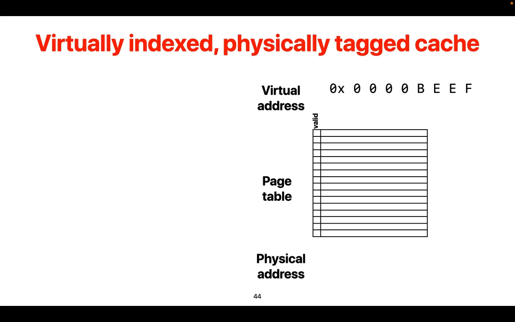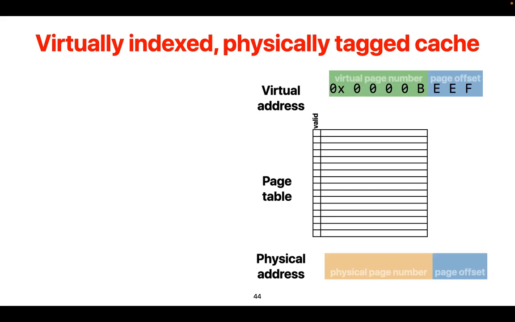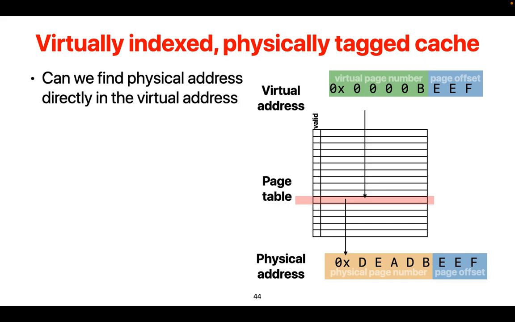Which part in your virtual address and physical address are the same? Page offset. Awesome, right? So the page offset is the same. The physical page number, or virtual page number, is the only part that changes. So here's the idea.